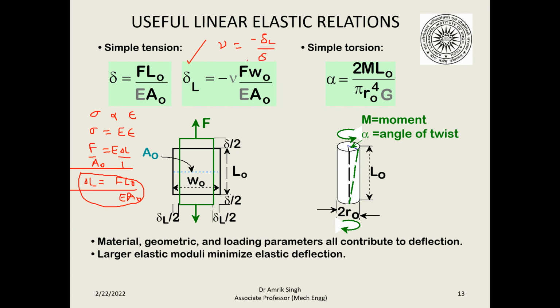Now in torsion, this is a shaft which has a diameter that is 2R0, and L0 is this. This you will learn. We will derive this expression and find out this angle of twist, which is given by this. The larger the elastic moduli, the smaller the elastic deflection.